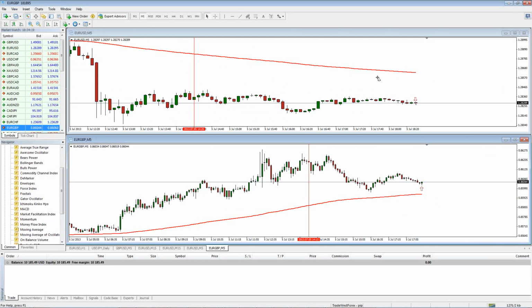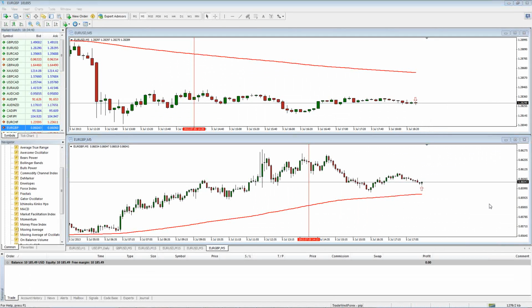It makes sense. If correlations are not consistent across the time frames, you can expect there's an opportunity to profit as it moves back to where it should be. So anyways, that's how we would expect this to play out. Let's go back to that 5-minute.